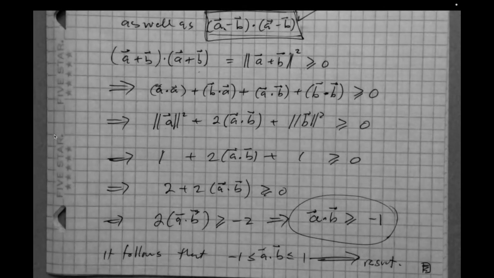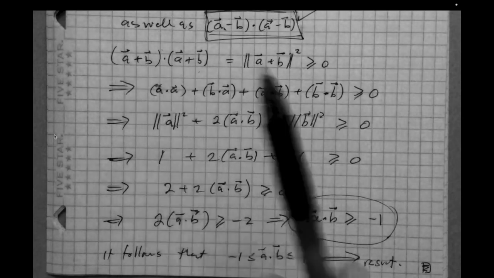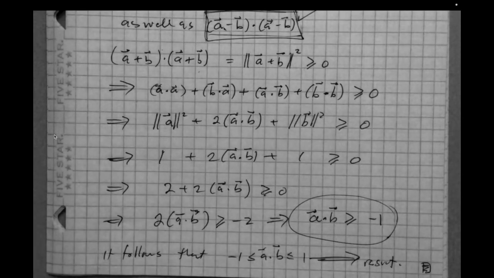Okay, so obviously pause the video, take a moment to make sure that you can perform that exercise. I think this is a good blueprint for how to do it, but you just change the identity you start with to a minus b dot a minus b. Okay. All right. Very good. That's the proof for the Cauchy-Schwarz inequality.